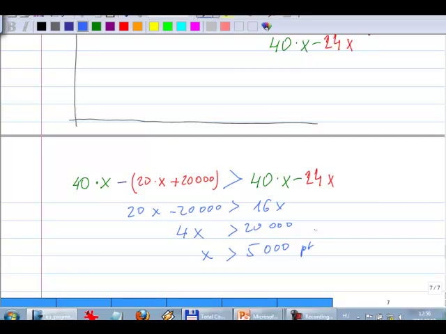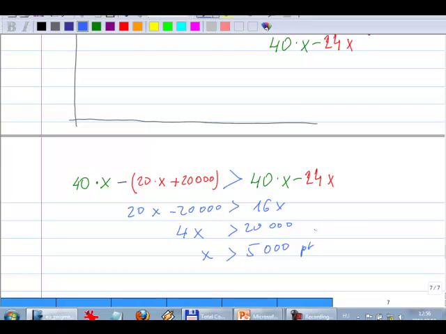So that is the volume when buy is better than make. So what we say: under 5,000 buy, over 5,000 is rather make.